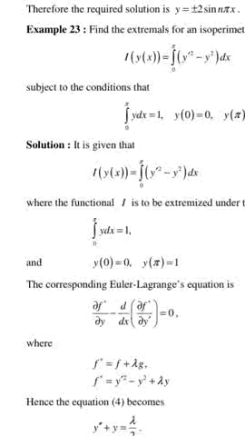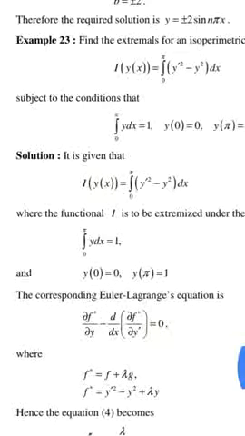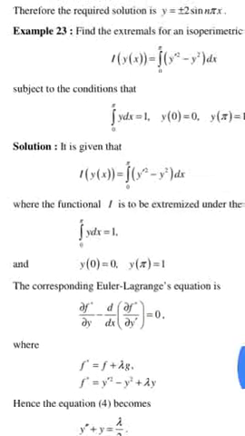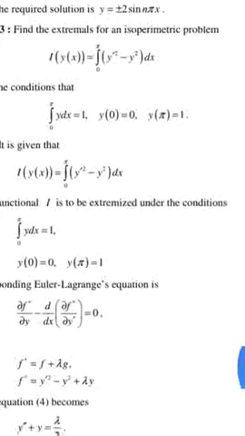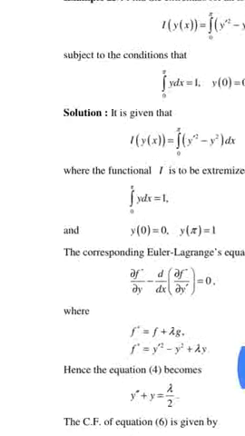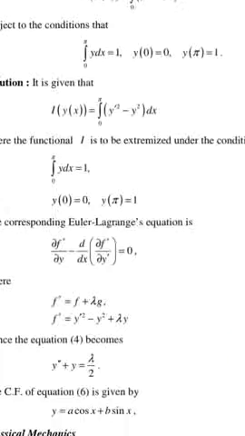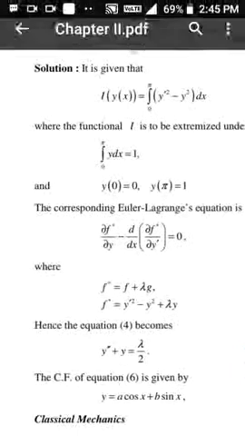In this, it is given that the functional I is to be extremized under the conditions that the integral from 0 to pi of y dx is equal to 1, and y of 0 is equal to 0, y of pi is equal to 1.